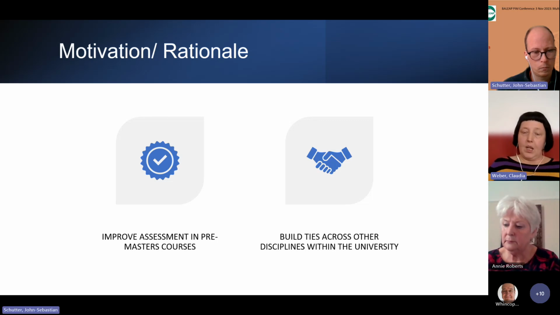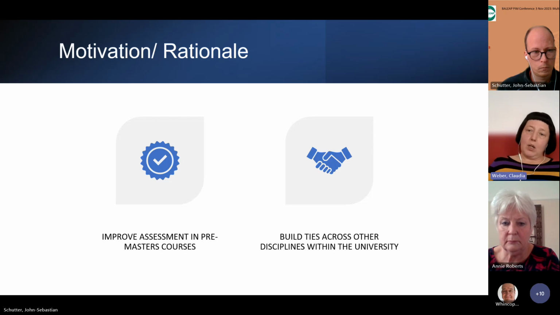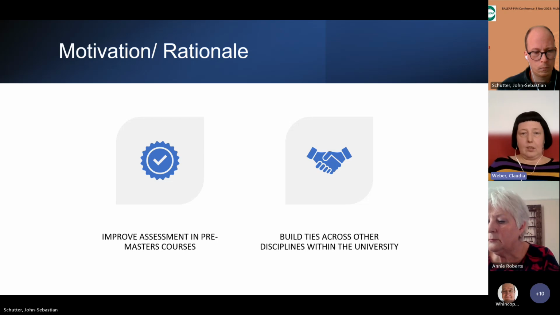And so forth. Since we're both working for the Global College, a fairly new department in Edinburgh, it has existed in Malaysia, but it's new in Edinburgh, we thought it would also be a great opportunity to build some relationships and get our name out there to the wider colleagues within the university in the different departments.